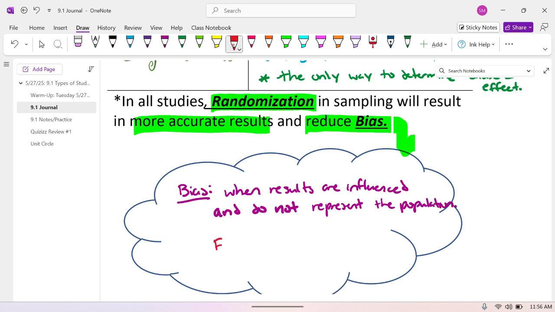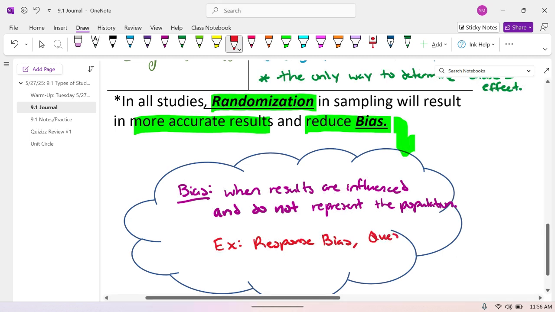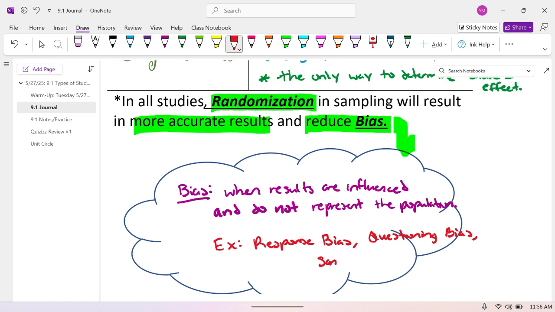So some examples would be response bias, questioning bias, and sampling bias. So let me talk about those three for a second.